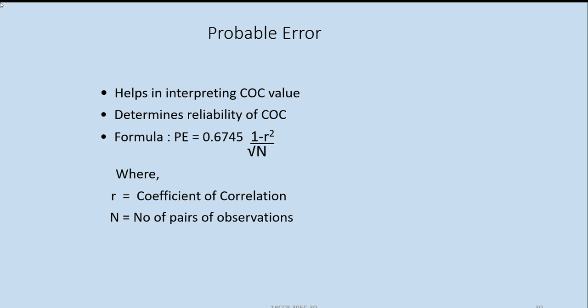When we round off the values, that means we are ignoring the fraction values. So when we are calculating such measures and rounding off, there will be some error. What is the error? The difference between the actual answer and the calculated answer is called probable error.